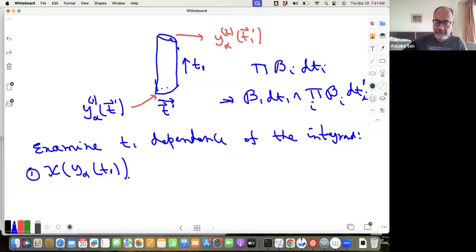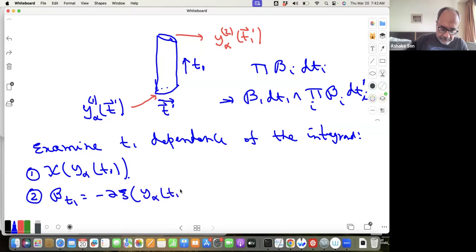Even if there are multiple PCOs, only one moves in this vertical direction. BT1 does depend on T1, so BT1 is minus del xi y alpha of T1, but this is a total derivative because y alpha only depends on T1.